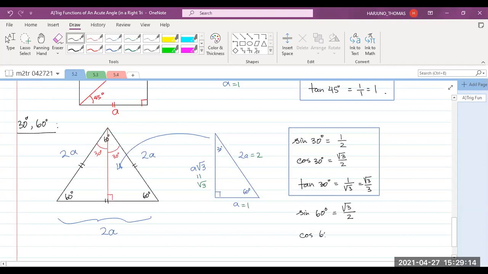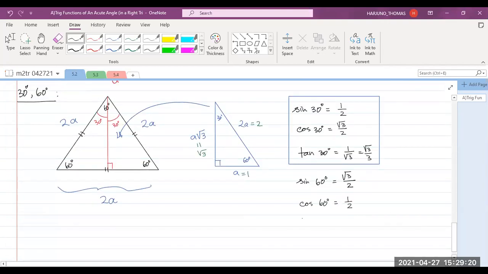Cosine 60 degrees is the adjacent 1 over hypotenuse 2. And tangent 60 degrees is opposite radical 3 over adjacent 1, which is just radical 3. Okay, you need to memorize this.